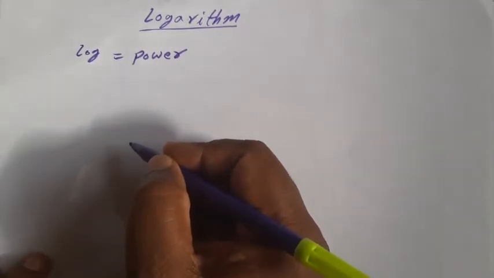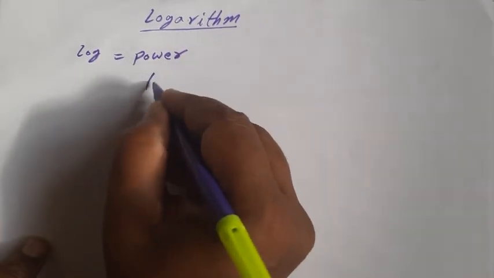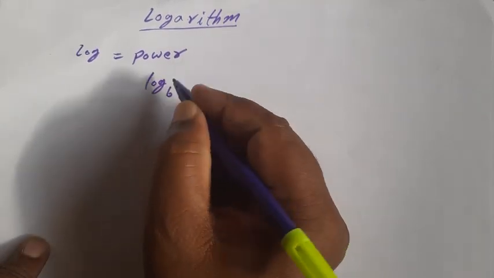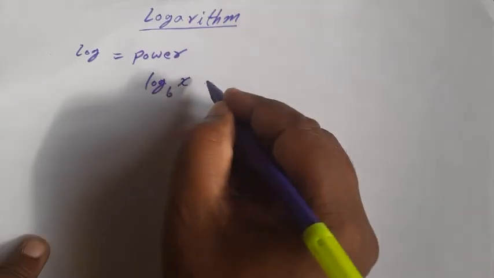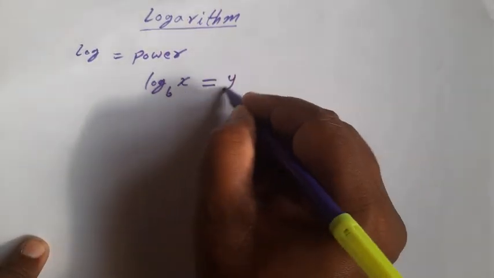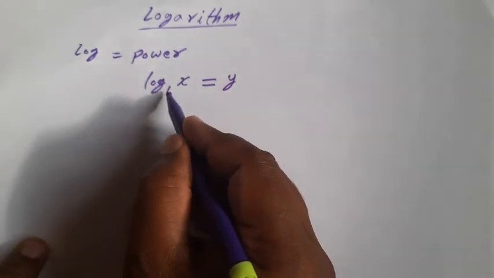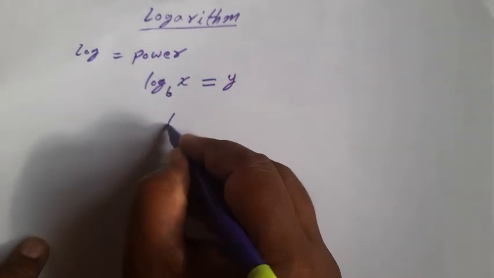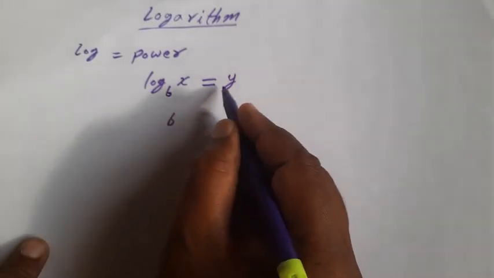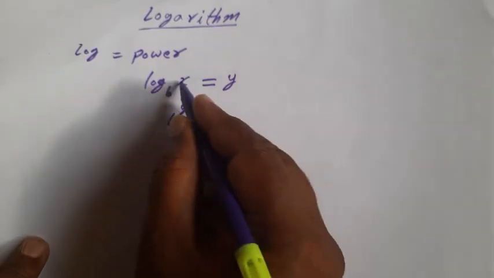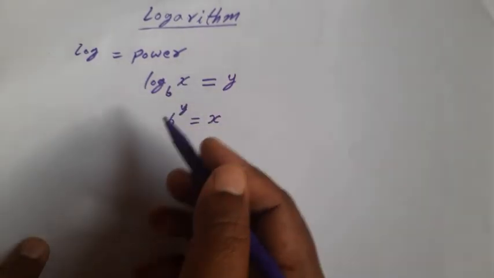Log base b of x equals y. What is the meaning of this? b to the power of y equals x. That's it.